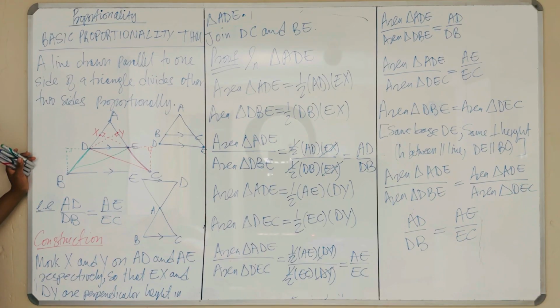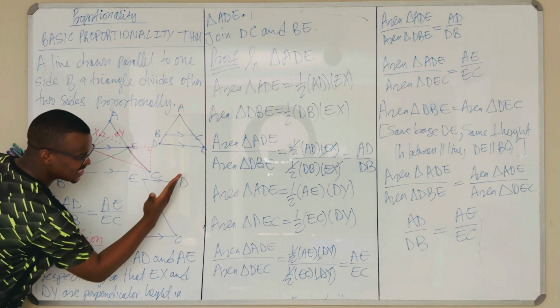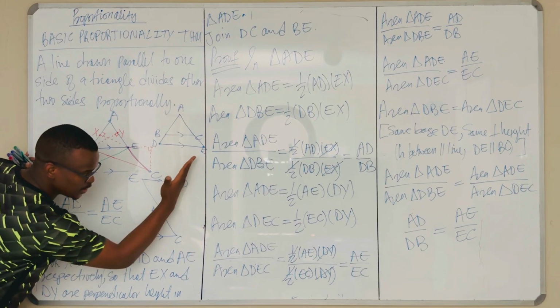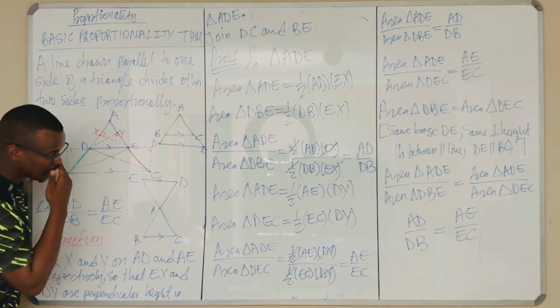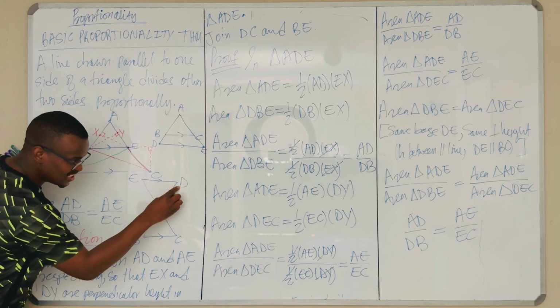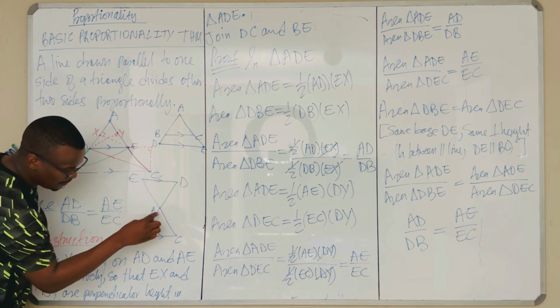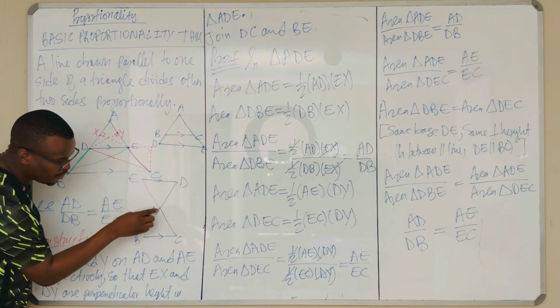They preserve those proportions. What you need to keep in mind is that this is the same side, all of it, B to D, and this is one side. So if you say AD corresponds to this, you can say AD over maybe AB, and in that case it would be your AE over your AC.